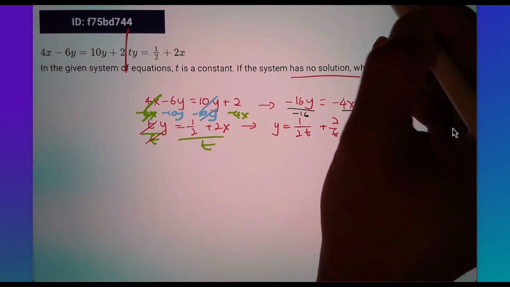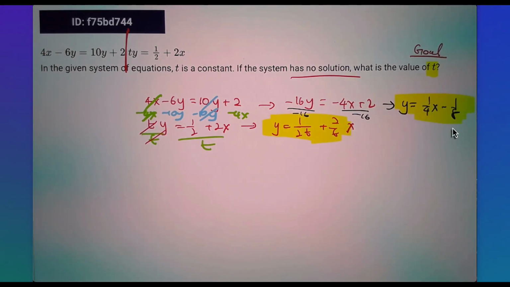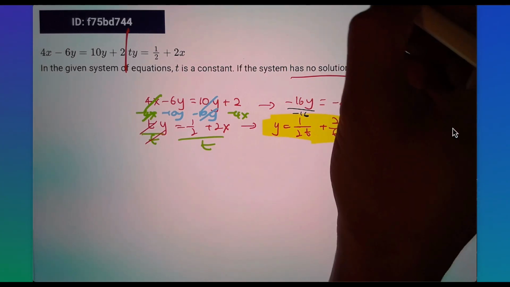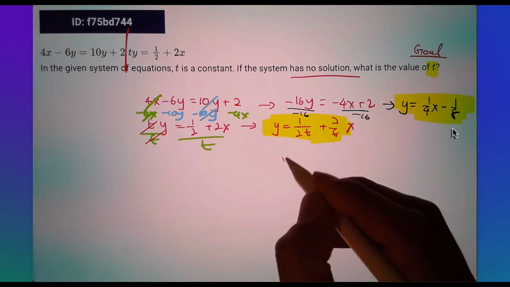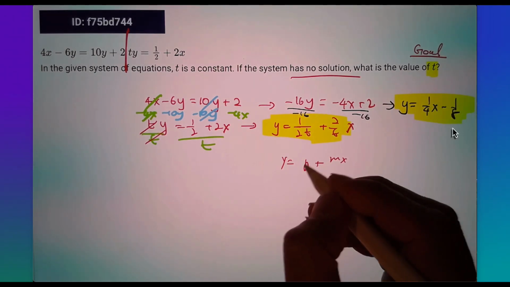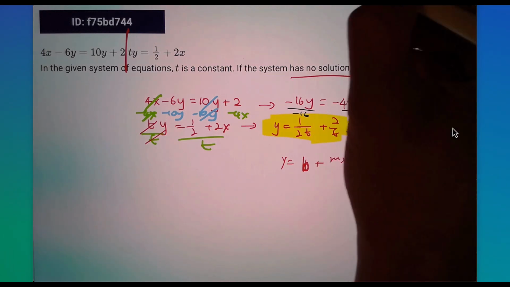So I'm going to highlight these two equations and tell you guys that we need to match the slope. Now I know I wrote this in a different order, so just imagine that y equals mx plus b this way. By the commutative property of addition, you can switch them around for addition and multiplication. Anyhow, I'm going to match these two.